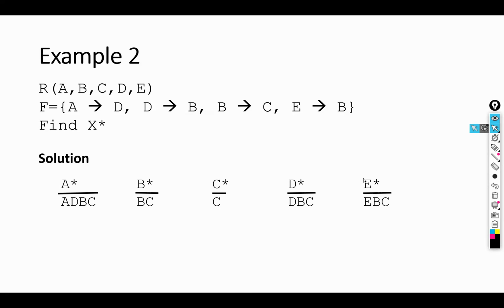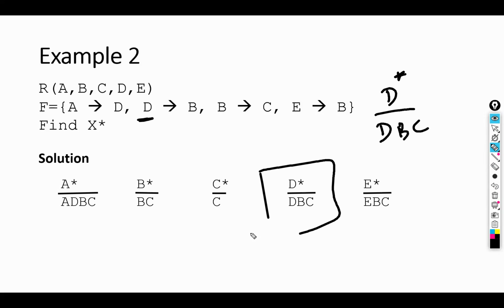If you take C closure, C determines C by reflexivity, but nowhere do you have C on the left side, so nothing else is there. C determines only C. If you take D, by reflexivity D determines D. Then D determines B, and B determines C, therefore D determines C also. That's it, nothing else. That is called X closure. I hope you are pretty familiar with that now. It's a super simple concept.